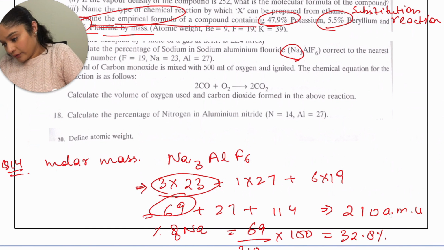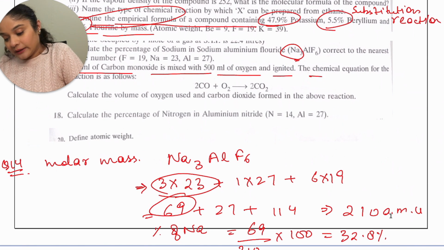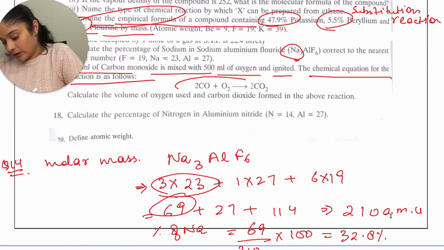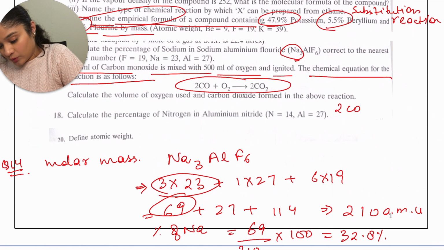The question says 560 ml of carbon monoxide is mixed with 500 ml of oxygen and ignited. The chemical equation of the reaction is as follows. This is the equation. Calculate the volume of oxygen used and carbon dioxide formed in the above reaction. Okay, this is easy. So you have 2 carbon monoxide plus oxygen giving you 2 CO2. So this means 2 is to 1 is to 2.